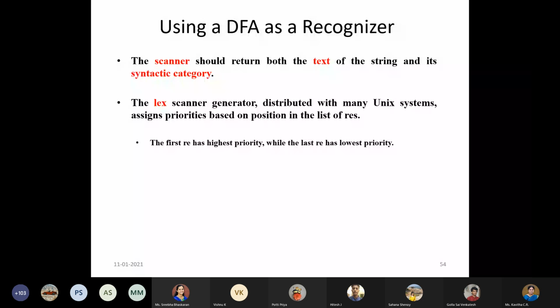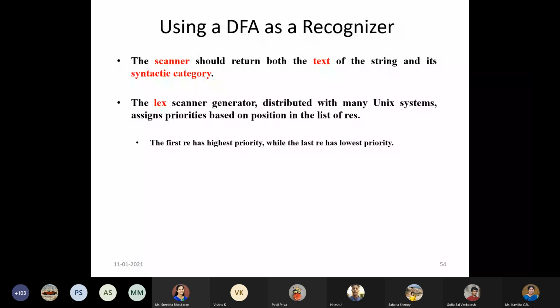If you don't follow this order, what happens is, if you write the regular expression for variables first, all the keywords will satisfy the variables, right? It will not come to the second regular expression.